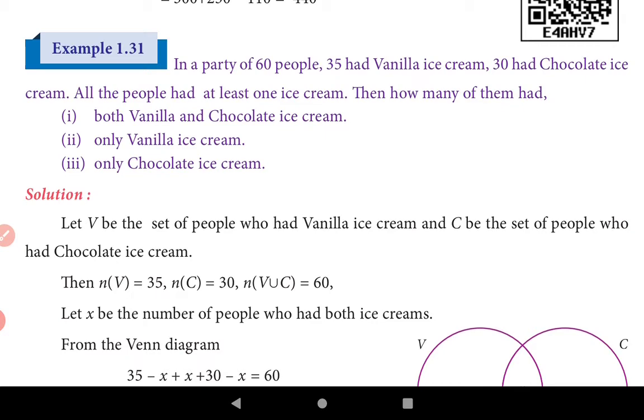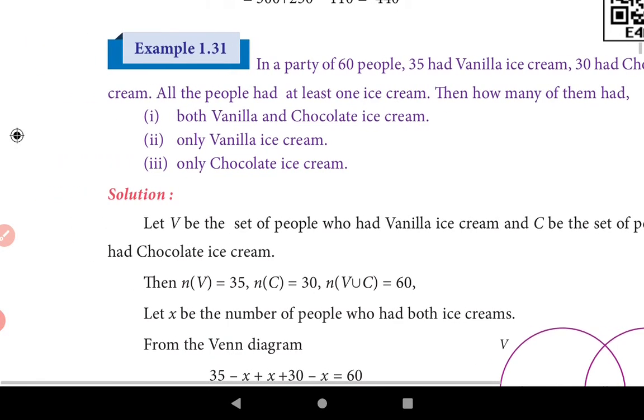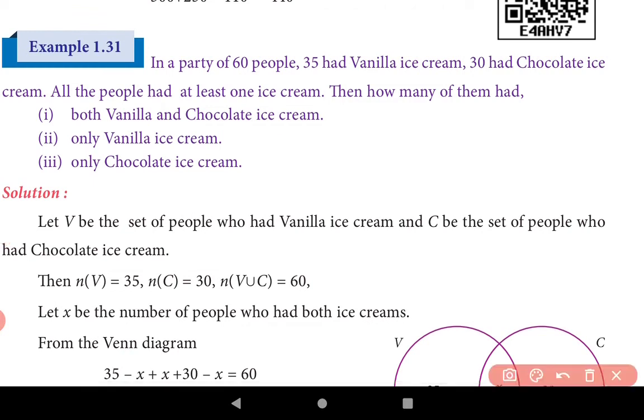So bluntly you can say that when you subtract 30 from 35, you'll get 5. So the 5 people have both vanilla and chocolate ice cream. In a similar way, we have 5 in the intersection. When you subtract this 5, you'll get 30 vanilla only and 25 chocolate only.